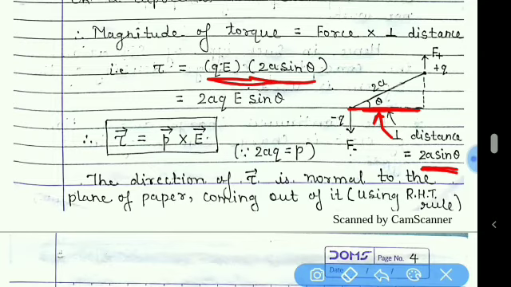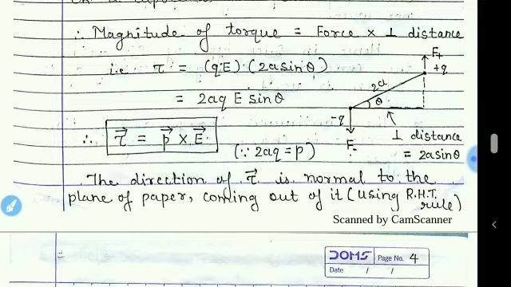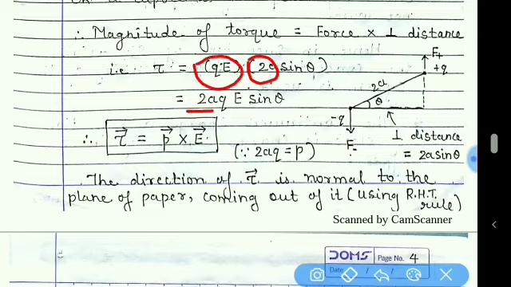Now simplifying these two, we'll get 2aqE sine theta. You can see here this is 2a, I have kept QE as it is here, and sine theta. Now we know that 2aq is nothing but the dipole moment P. So in place of this 2aq, we have kept P. This is E. So PE sine theta.